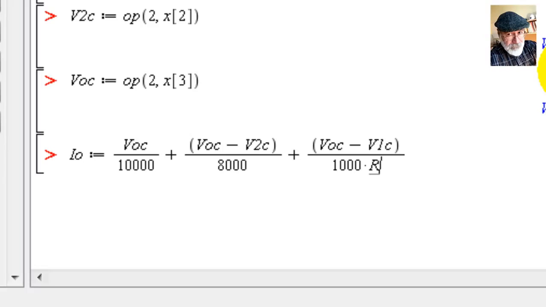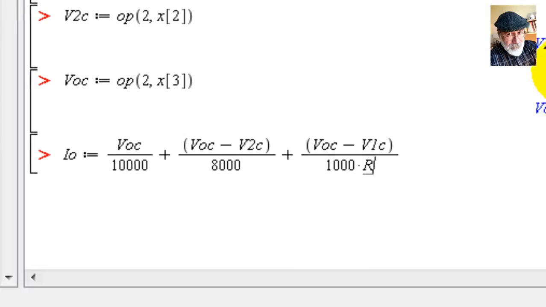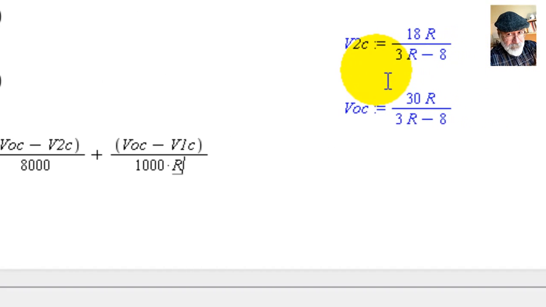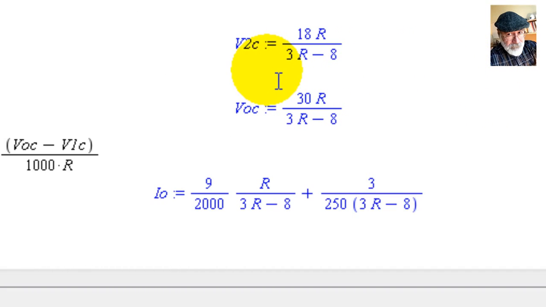Because R is a number given in kilo ohms. So in this expression, we need to write everything in ohms. That's what we do. And that is the current I0 in amps.